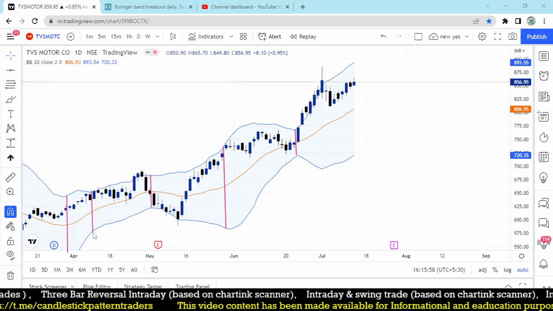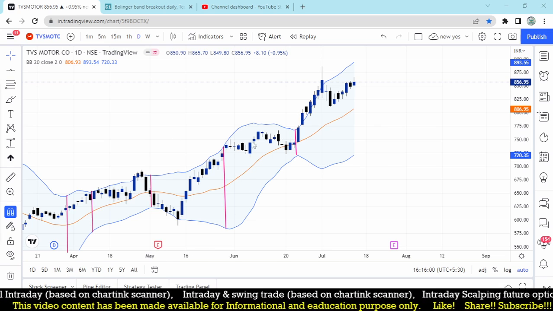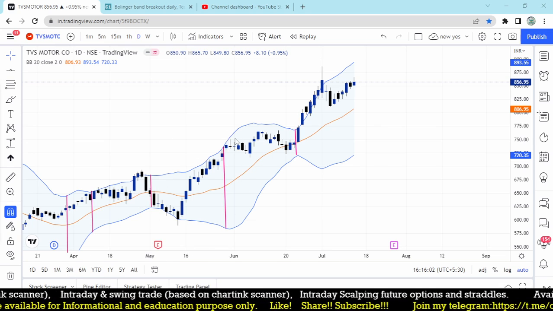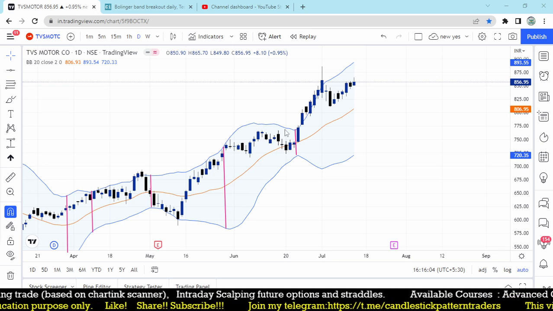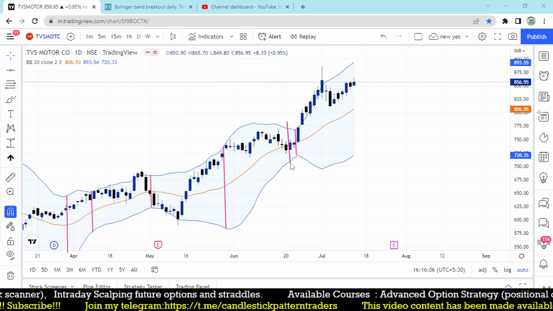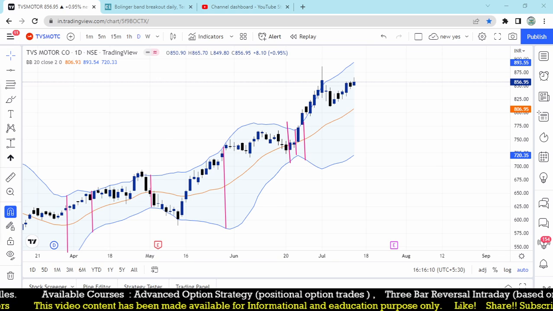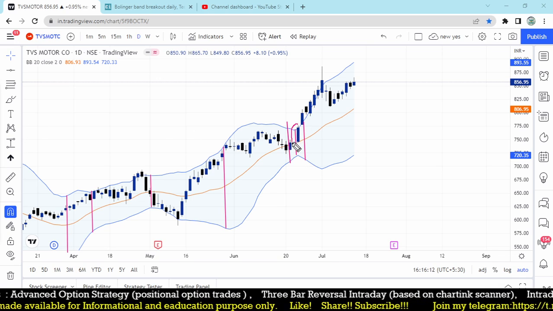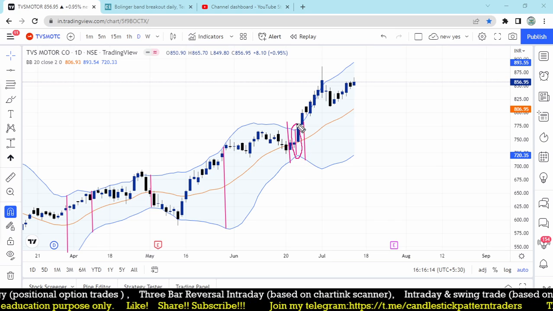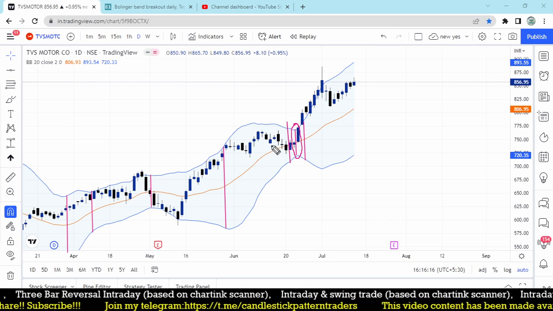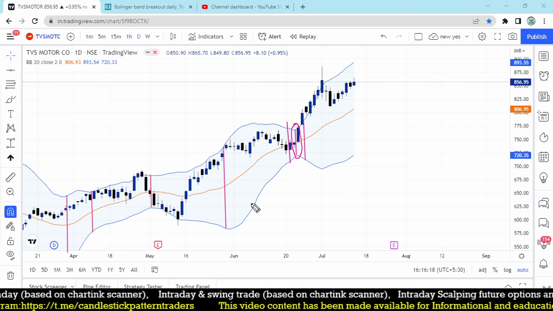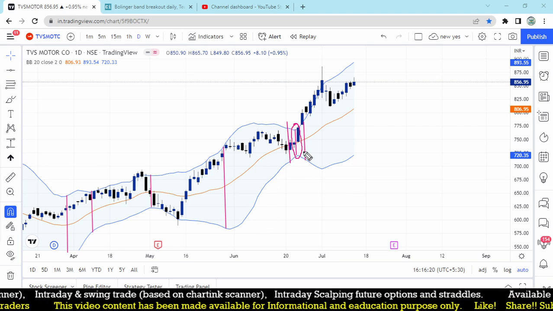If you see that width, the upper and lower Bollinger Bands were coming close. This is the point where the upper and lower Bollinger Bands are coming nearby to each other.